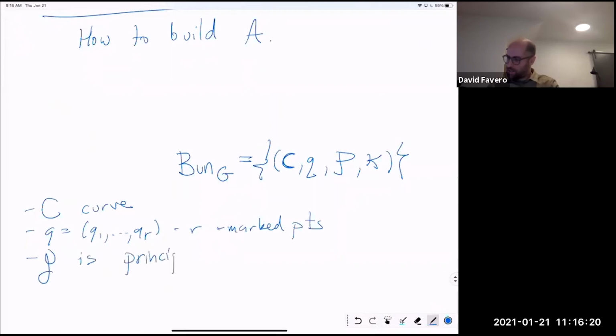It's actually a Gamma bundle. I didn't explain what Gamma was when I set up the GLSM data, but it's essentially a principal G bundle. There's this other thing called R charge that comes in that I'm not going to talk about, and kappa actually has to do with that too.